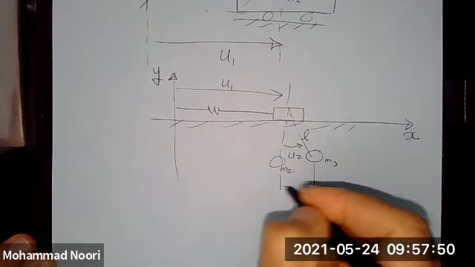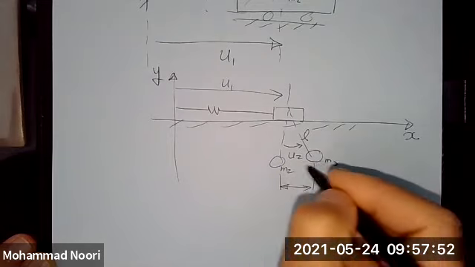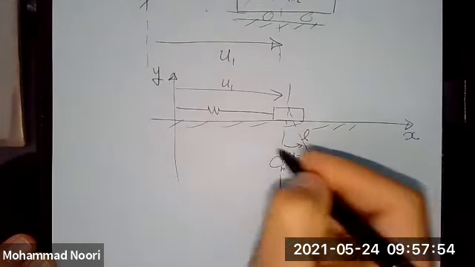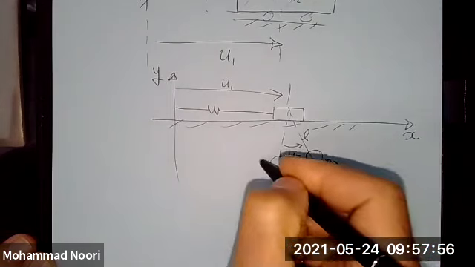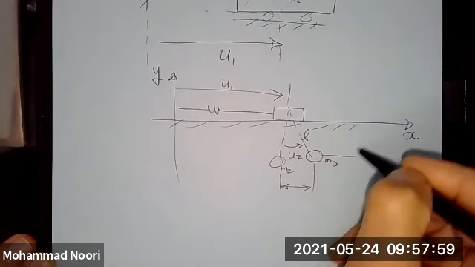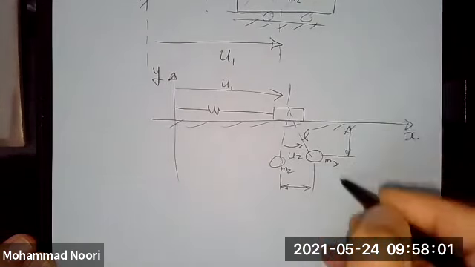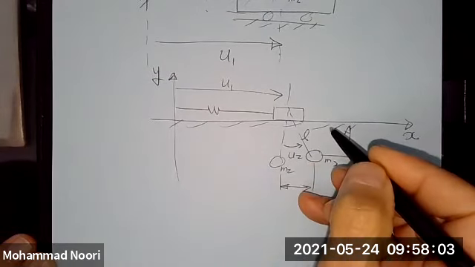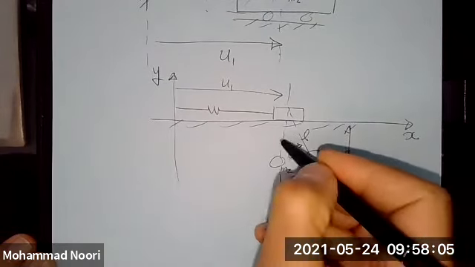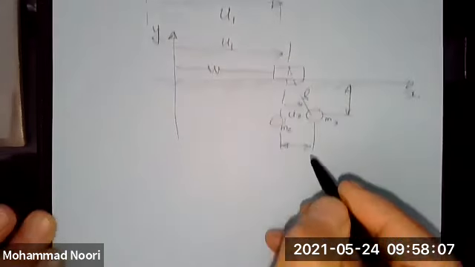So this is basically also experiencing a translational displacement, and it is also experiencing a vertical displacement this way. So instead of dealing with U2, let's first look at this.